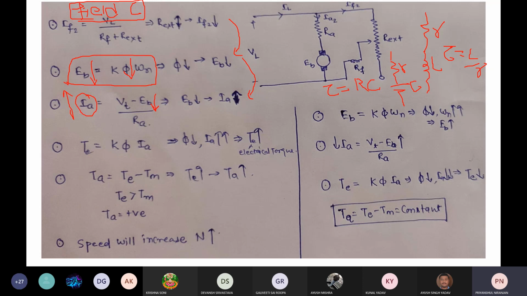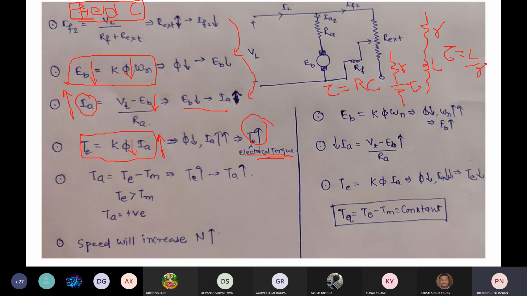Coming back to the third point, EB decreases, then IA increases from that relation. So IA means the relation between torque and armature current. This is the relation. So IA increases, flux decreases, then this part increases.